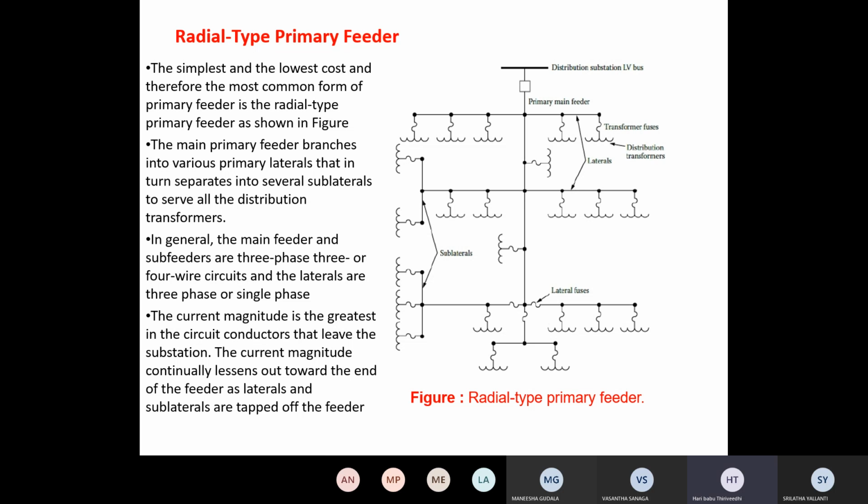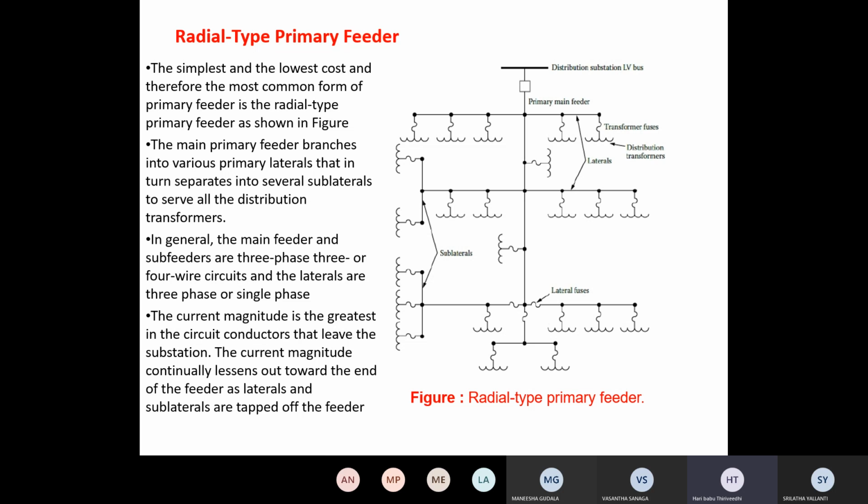How can you reduce the feeder size? With the help of thermal capability. Thermal capability means mechanical strength, or the current carrying capacity of the feeder. Why? Because the feeder is designed based on current carrying capacity.